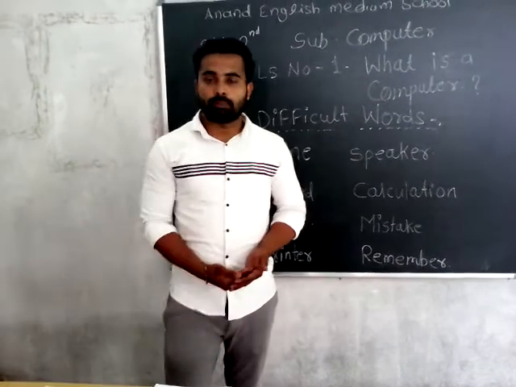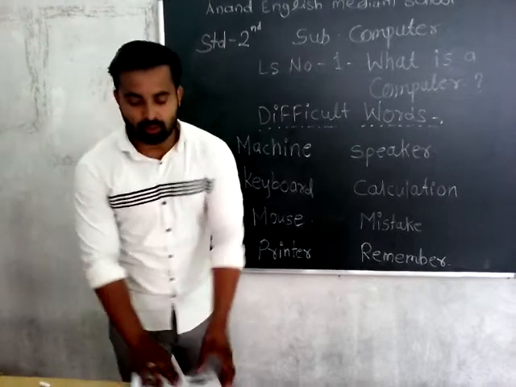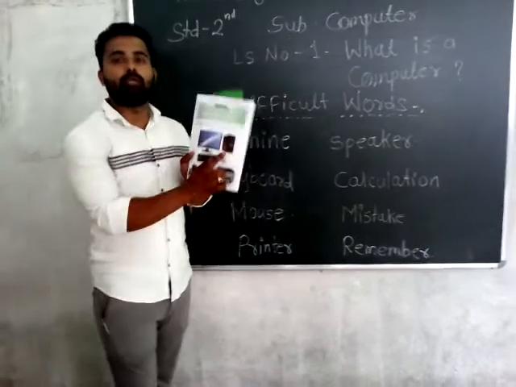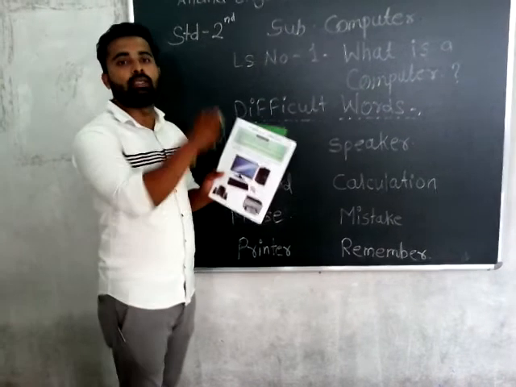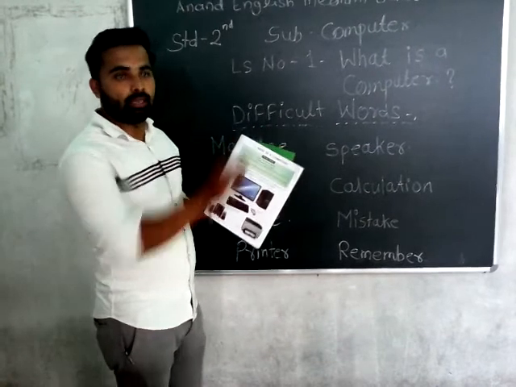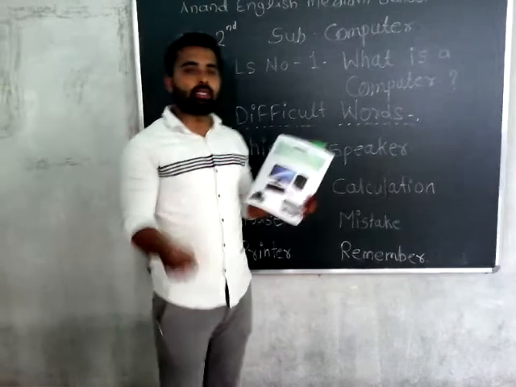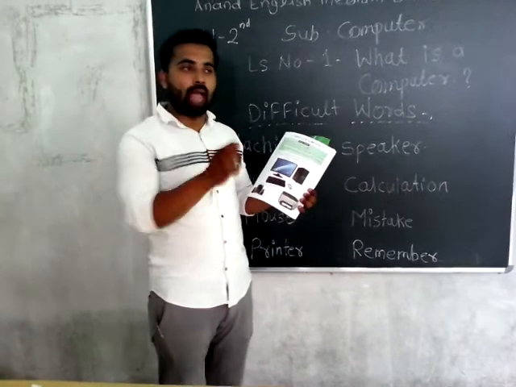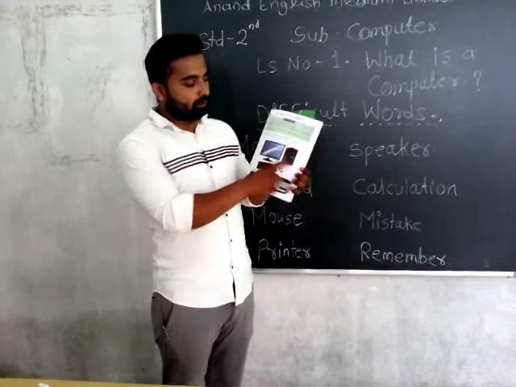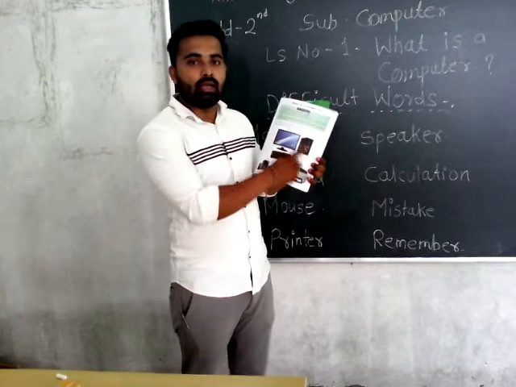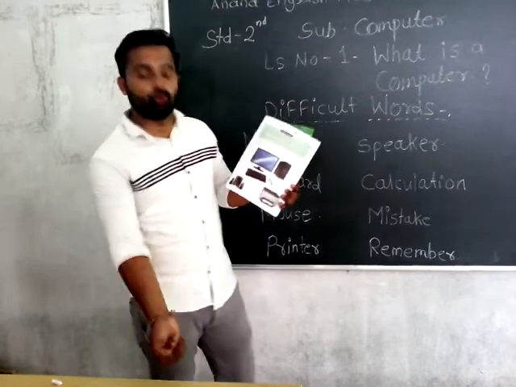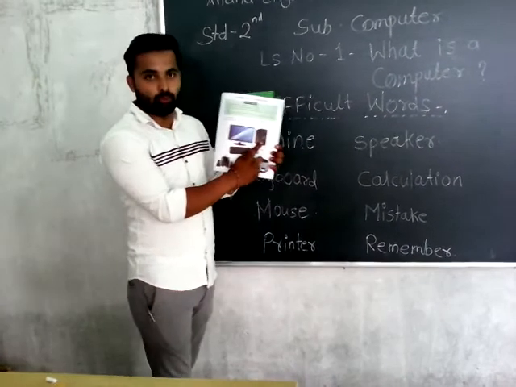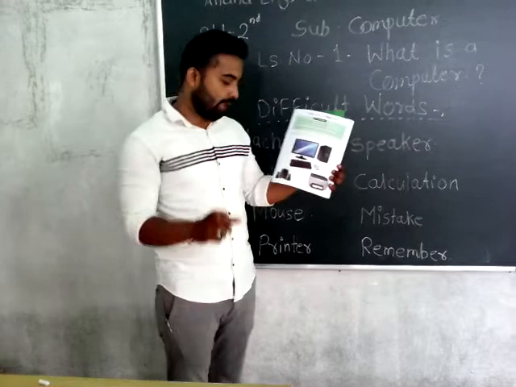Then this processing will be done in the central processing unit. That means 5 plus 3 equals 8. When you give the input as 5 and 3 and add them, the processor will process the addition and give the answer to you. That means CPU will process the data.